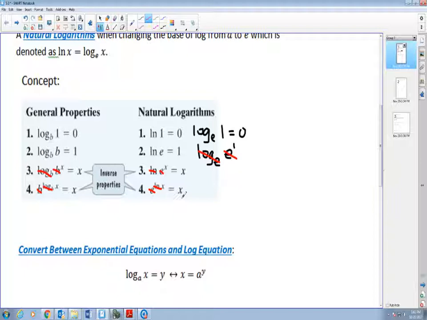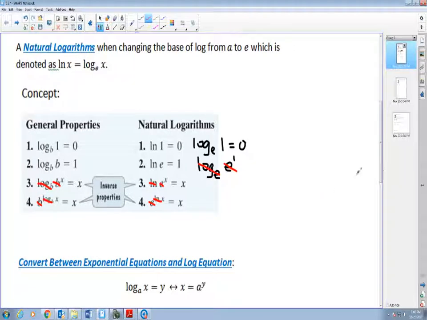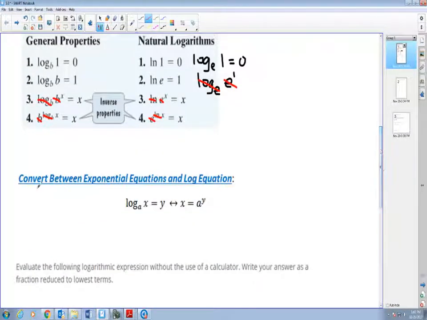Now, another big thing I want to introduce, other than what I mentioned before, where the bases are the same and equal, we set the exponents equal. This one is called the conversion between your exponential and your log equations. If I have a log with some base a of x, I can set it equal to another variable, y.